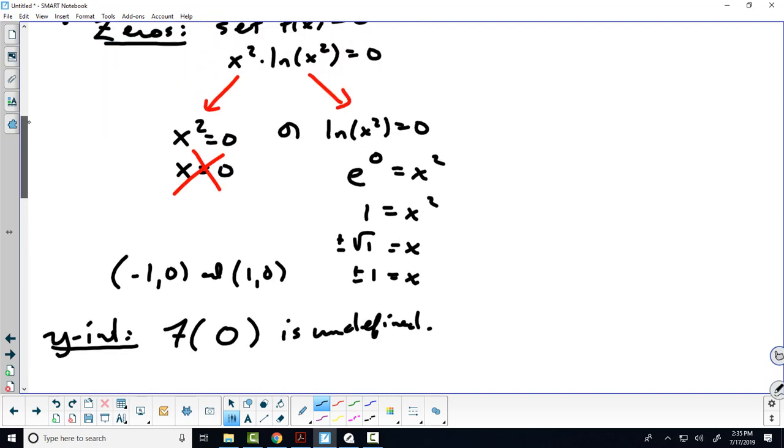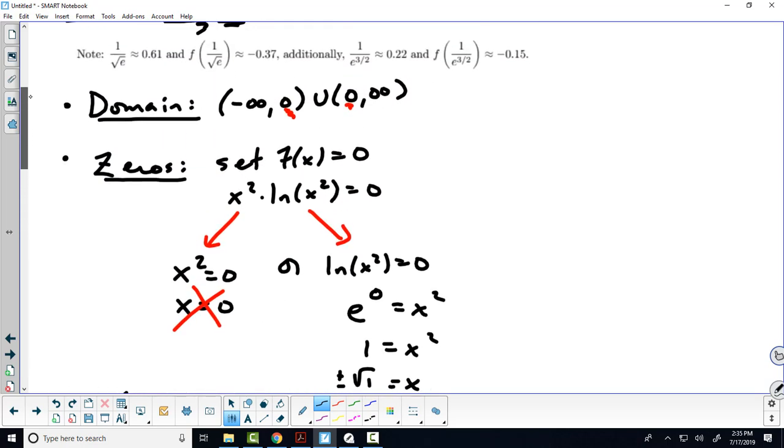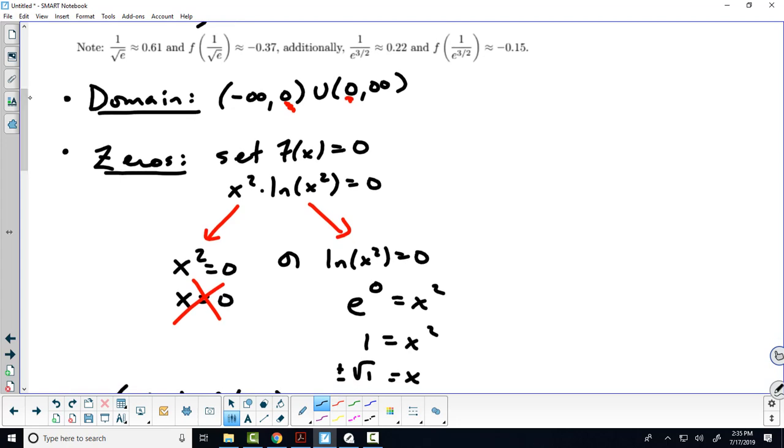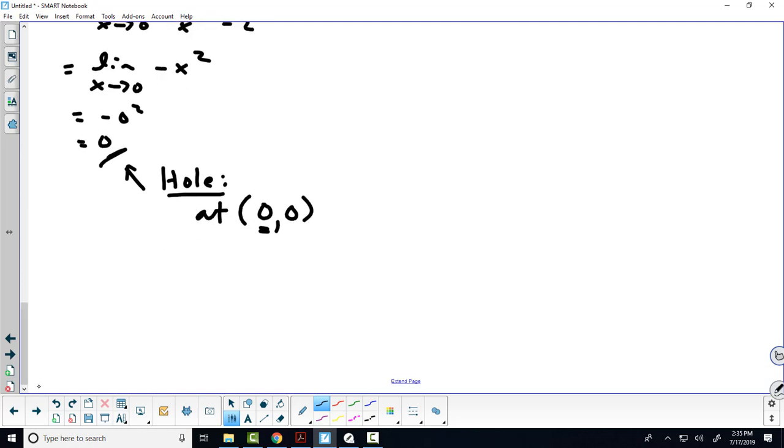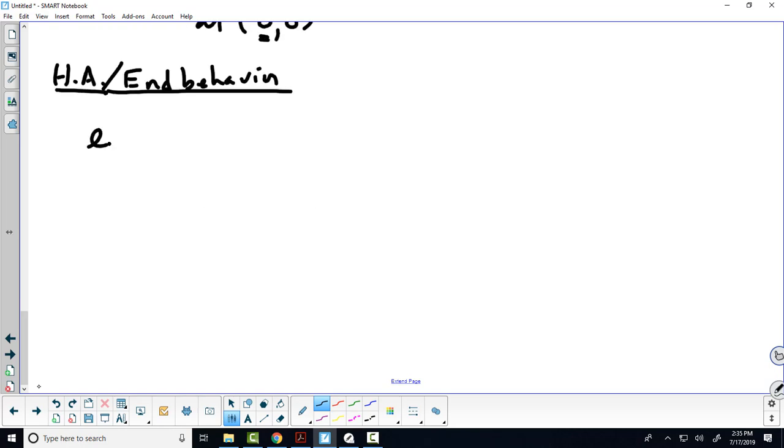Okay, let's keep going. I'll just keep going down. It's a little bit easier. Now let's go ahead and find our horizontal asymptotes. So to find the horizontal asymptote, slash the end behavior of this function, we're going to look at the limit as x approaches both plus and minus infinity of this function, x squared natural log of x squared.